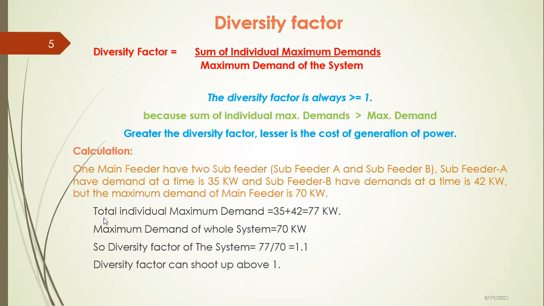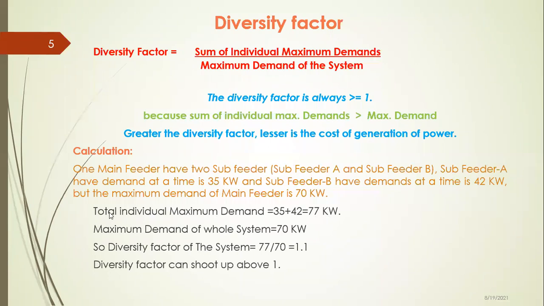Now, what is the total of individual maximum demands? In this, we have to calculate the diversity factor. So for the diversity factor, firstly, you have to calculate the sum of individual maximum demands. The individual maximum demands are 35 for subfeeder A and 42 for subfeeder B. So it is 35 plus 42, that is 77 kilowatts.